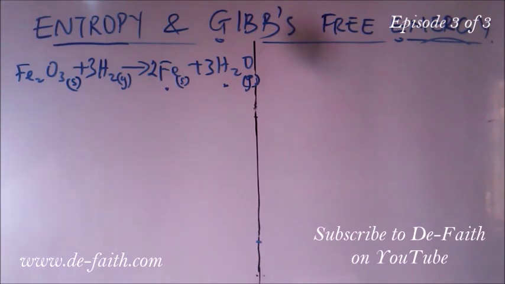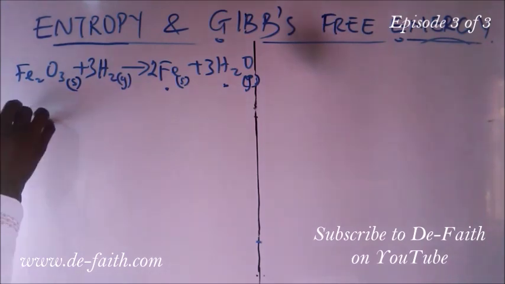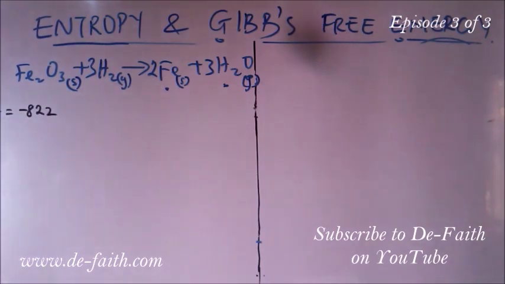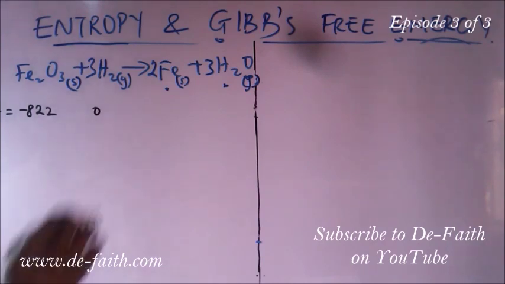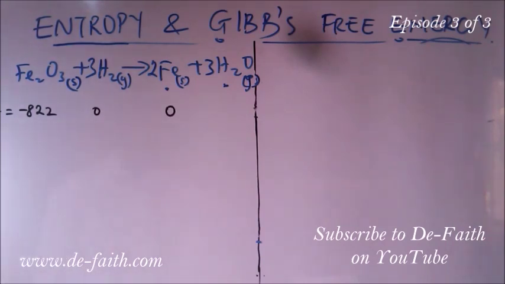Now, the list of what we have here. For the enthalpies, which is H, we have minus 822 for Fe2O3, we have 0 for hydrogen, we have 0 for iron, and we have minus 242 for water.